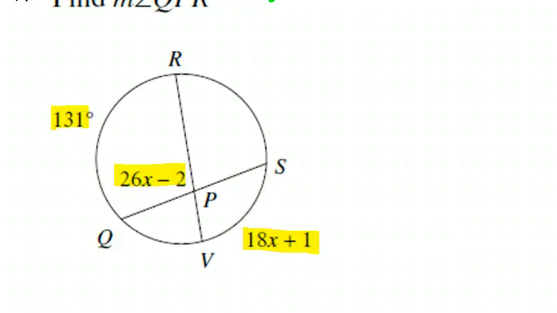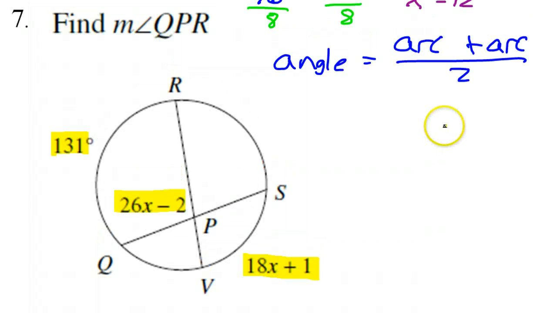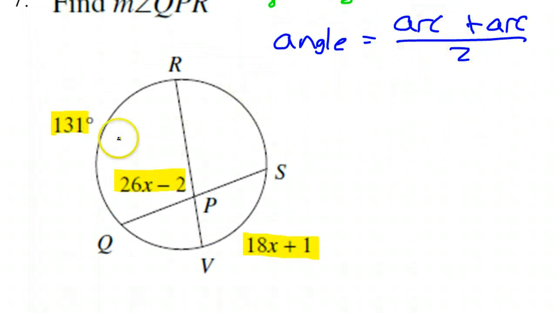The formula starts off angle. In fact, I'll just write it down. Angle equals arc plus arc divided by 2. Notice I don't say big arc and small arc when I do this because it doesn't matter. But which one of these is the angle? It's the 26x minus 2. So that goes here.